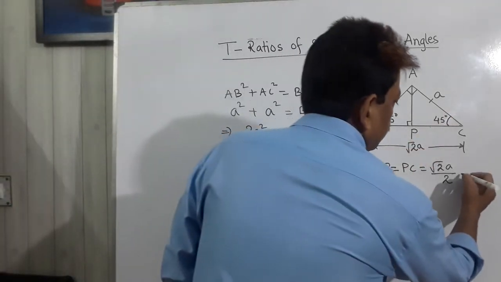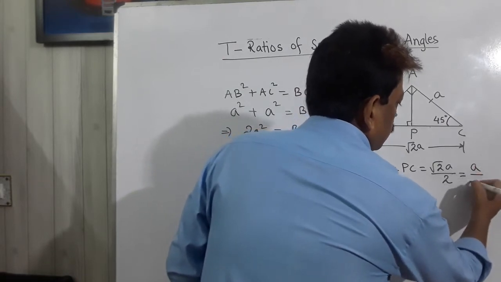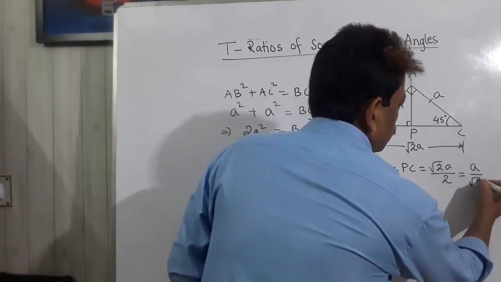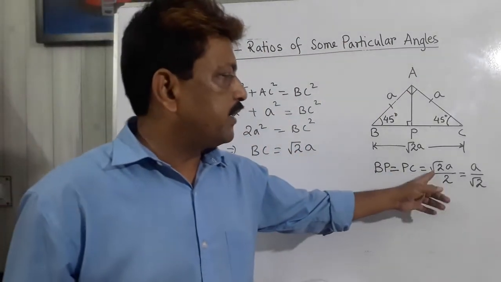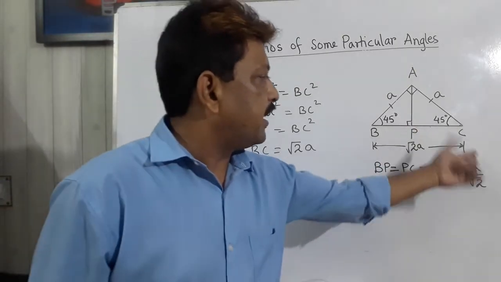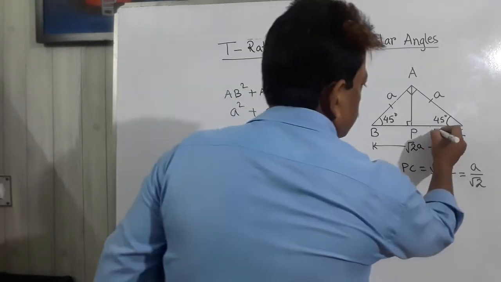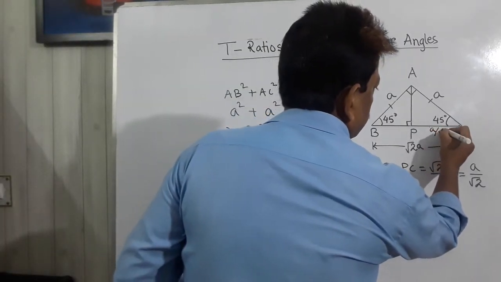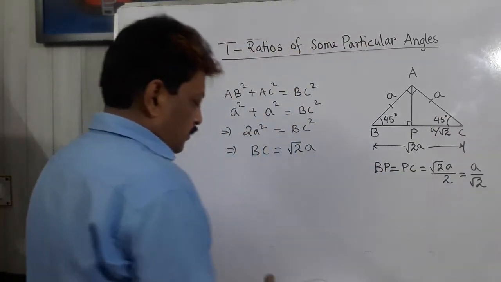So each part will be, by cancelling, A upon root 2. So this is A upon root 2.